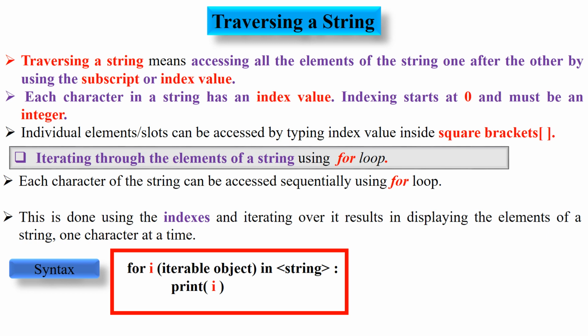Now, we can see iterating through the elements of a string using a for loop. Each character of the string can be accessed sequentially using a for loop. This is done using the indexes, and iterating over it results in displaying the elements of a string, one character at a time. Syntax is: for i in string: print(i).